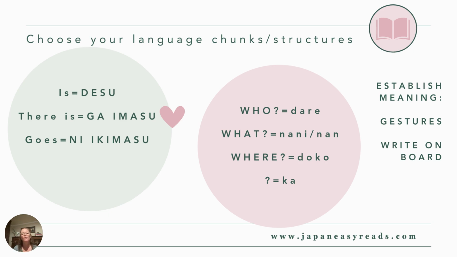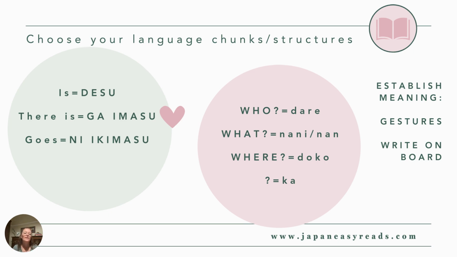We do this for all stories and for all interactions so the students know dare. Sometimes the students will do a call and response, hoo, hoo. I might say dare, hoo, hoo. So they pick that one up super quick. Nan, nani, doko, and ka.